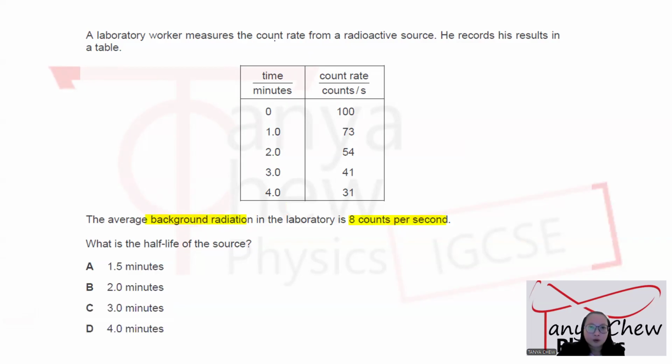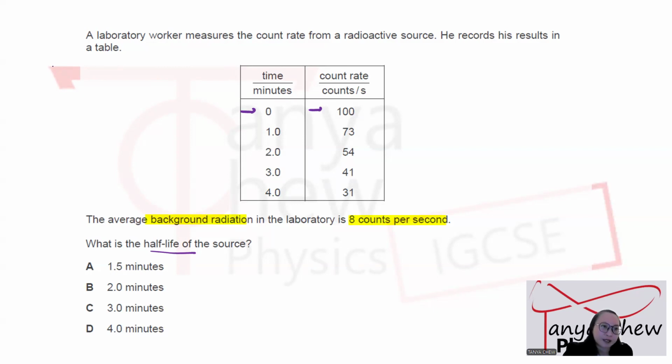Okay, so the initial count rate, but I have to find the initial count rate due to the source, because the question asked me for half-life of the source. At time equal to 0 minute, this is the initial count rate of the detector. The initial count rate of the detector is the initial count rate of the radioactive source plus background radiation.